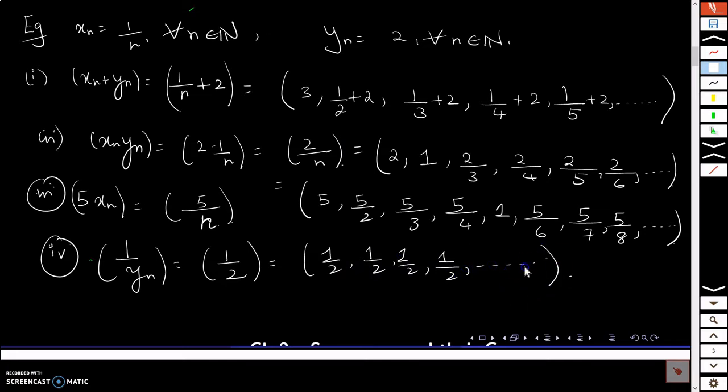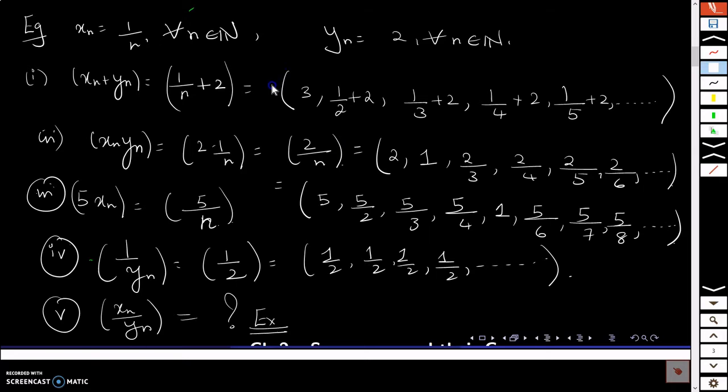So we have obtained one more sequence from the given sequence. And then you can divide these two sequences also. Okay, that I'll leave for you all. What will be xn by yn? Okay, you all can write some terms of this sequence and see how it looks. So this I will leave as an exercise. So this is how you can generate more sequences from given sequences.